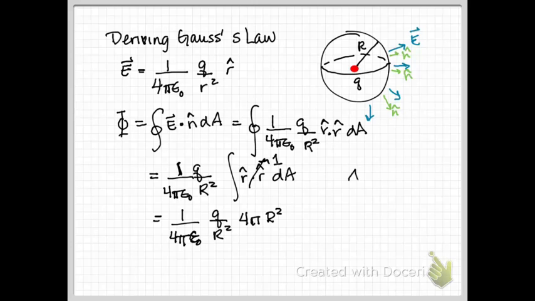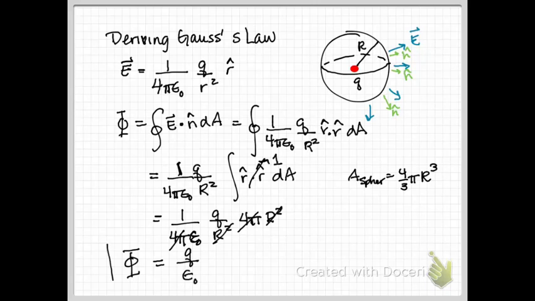Remember that the area of a sphere is 4 pi r squared, which comes from integrating over the surface. And so we can do a bunch of canceling, and you get the flux is Q over epsilon naught. Pretty cool, huh?